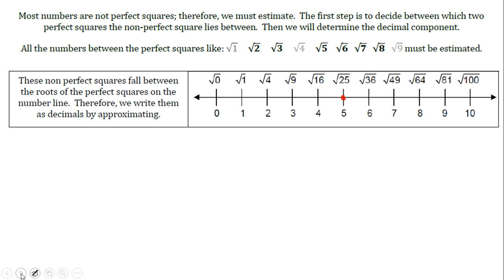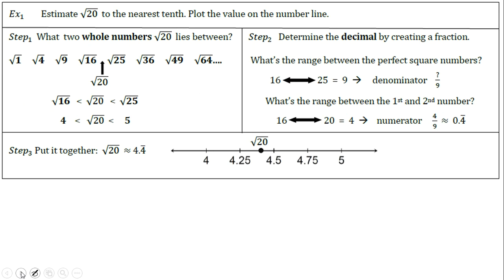So let's take a look at our first example that is not a perfect square number. The square root of 20. If I asked you to give me an approximation of the square root of 20, the first thing you're going to do is decide, okay, what two perfect square numbers does the square root of 20 come between? So again, I have these numbers in my mind, they are memorized, and I'm like, oh, the square root of 20 comes between the square root of 16 and the square root of 25.